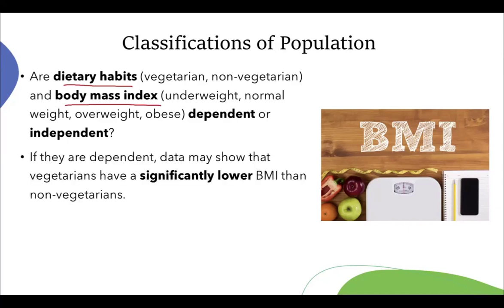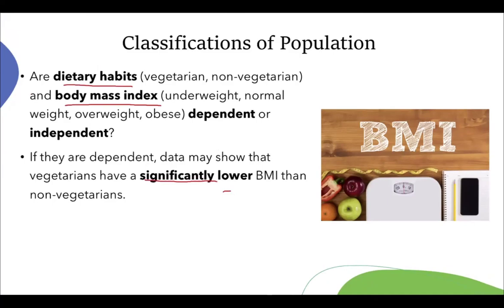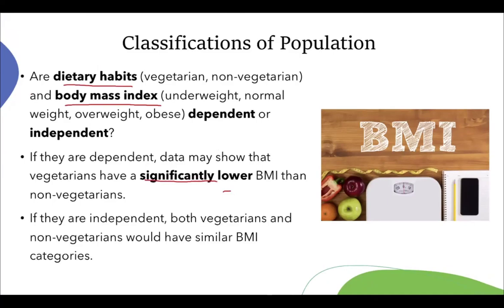If they're dependent or related, data may show that vegetarians have a significantly lower BMI than non-vegetarians. But if they are independent, both vegetarians and non-vegetarians would have similar BMI categories. Okay, so these are the kind of questions that we can ask ourselves with the chi-square test.